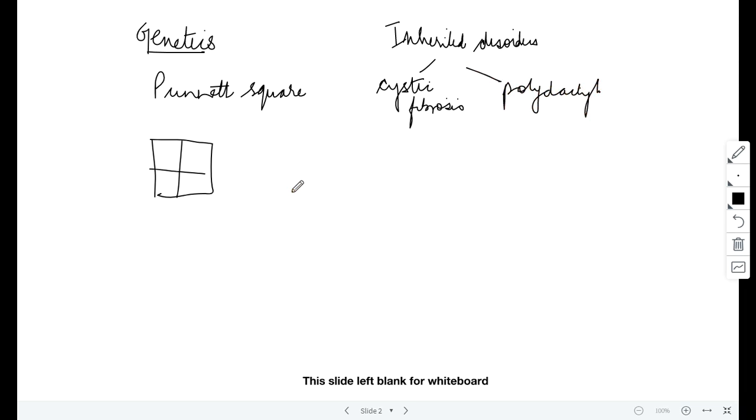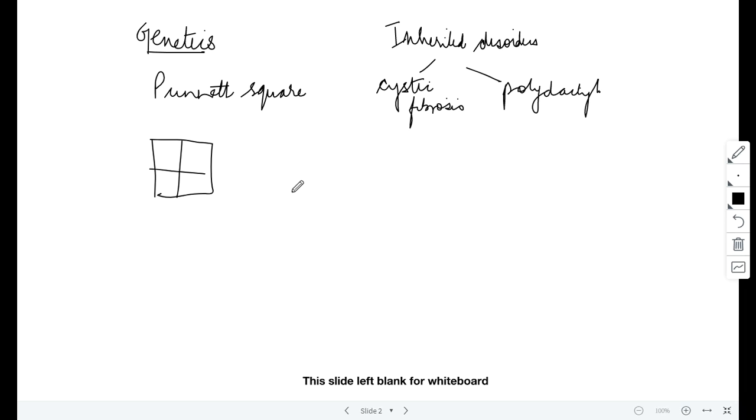So now what was cystic fibrosis? When a thick, sticky mucus was produced in the air passages and the person is not able to breathe, right?